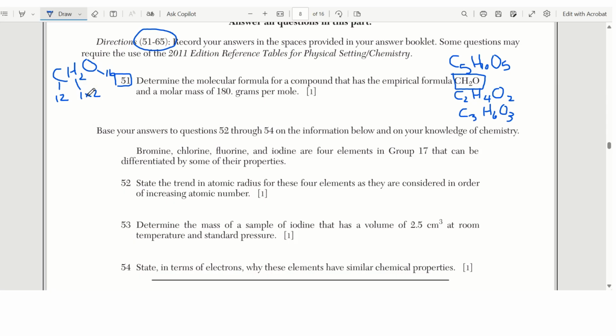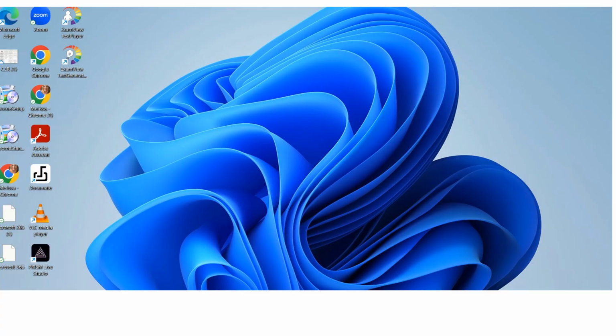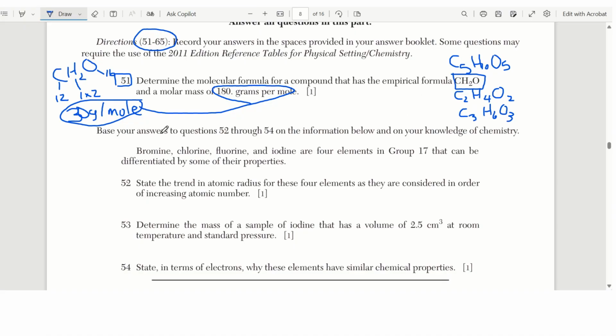So this is 12, 13, 14 plus 16 is 30 grams per mole. Now, if the molecular formula is the same as the empirical formula, this would be identical to the molar mass of the molecular formula, and it's not, right? So I have to figure out how it's different. So how is it different?